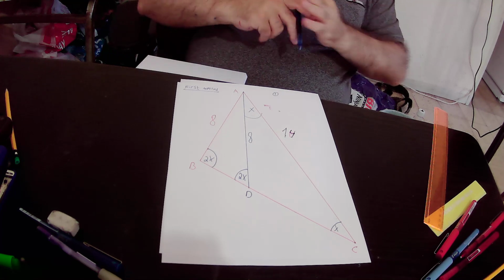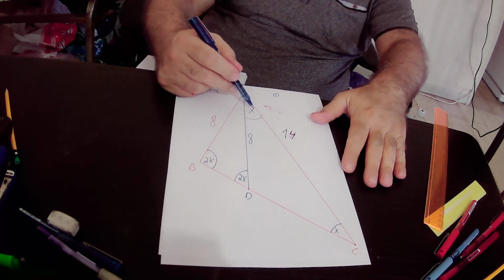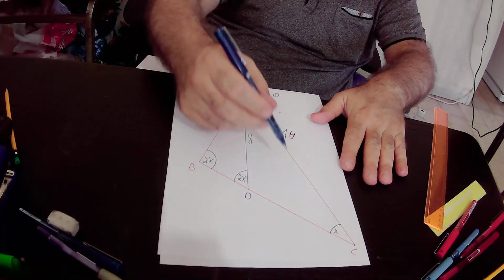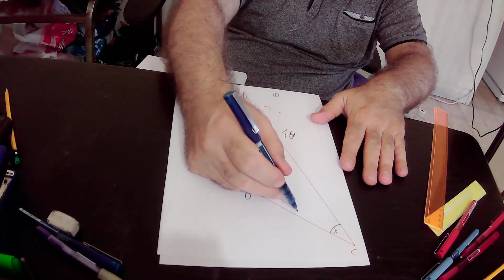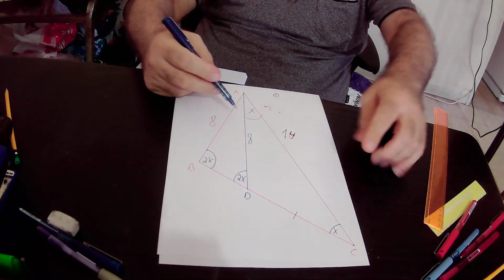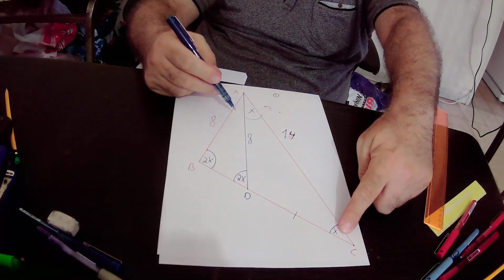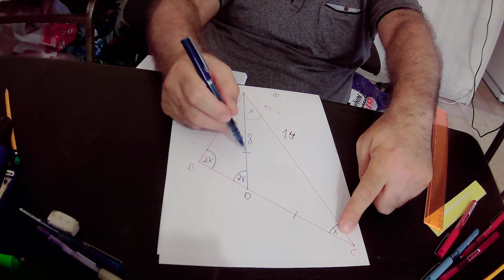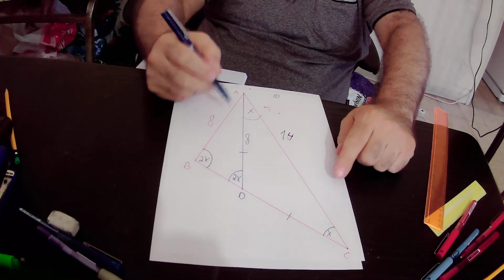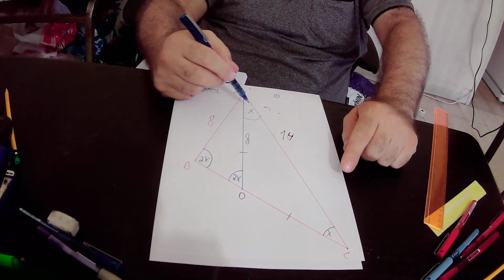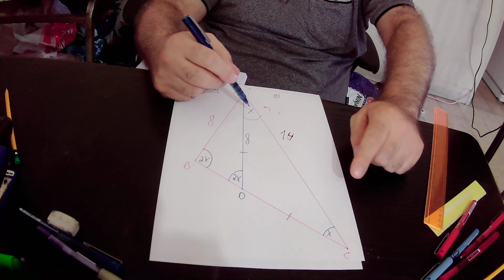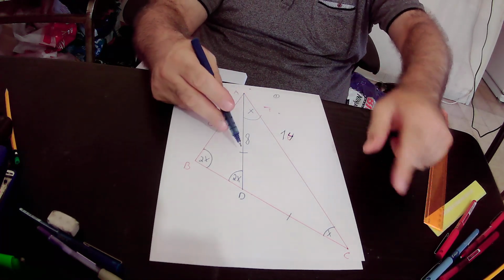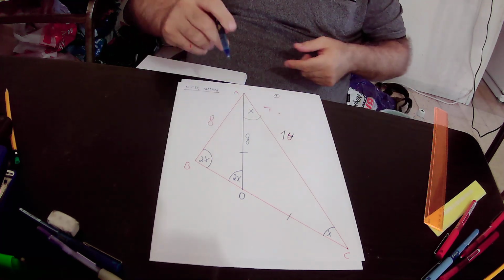So in front of this angle, angle x, we have CD, and in front of this angle, angle x, we have AD that equals 8 units. So according to rule number 1, AD equals DC.